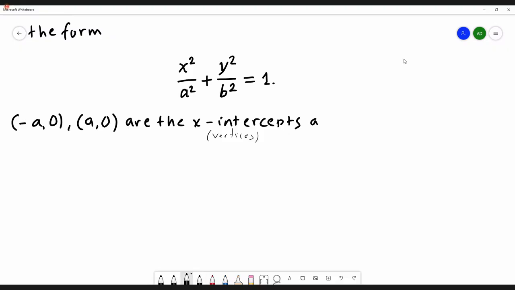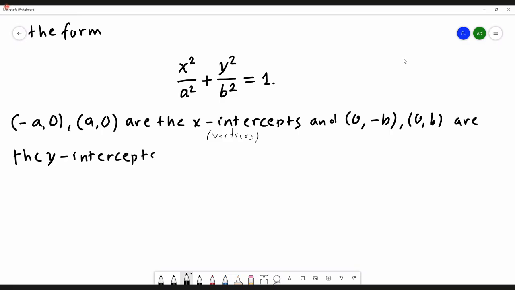And when x equals 0, we obtain the points 0, minus b and 0, b. These are the y-intercepts of the ellipse.